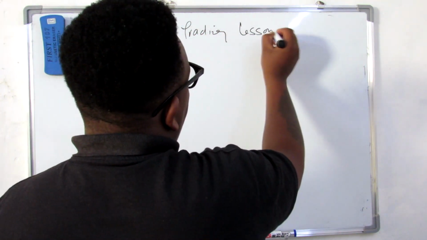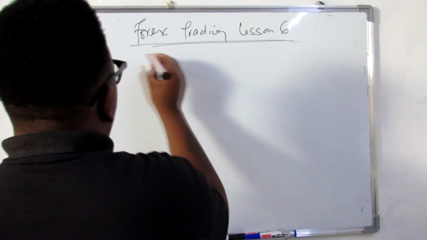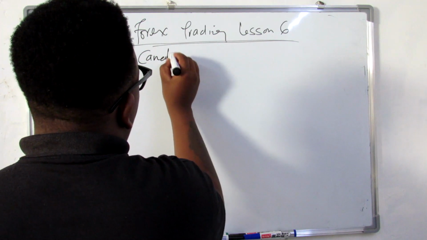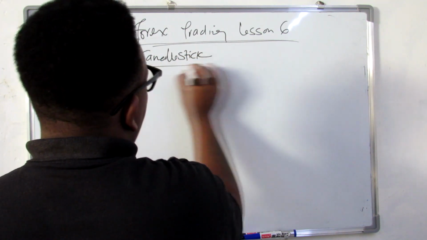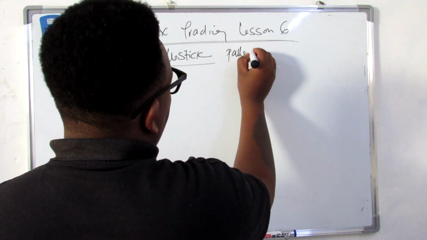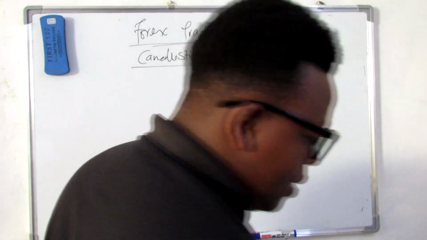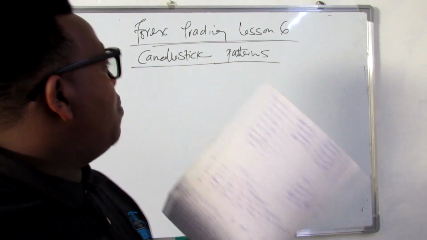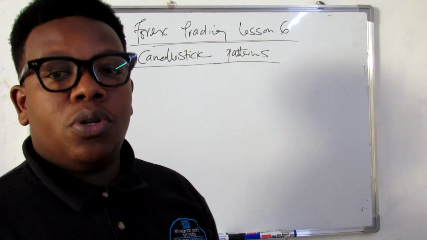It's important for you to follow attentively. We're going to look into the candlestick patterns that have been known to give people a very good entry position each and every time.